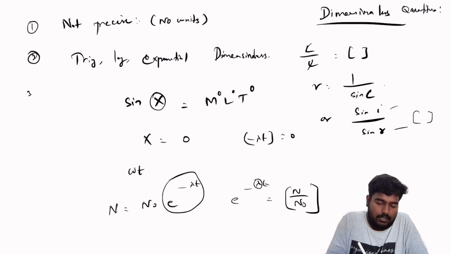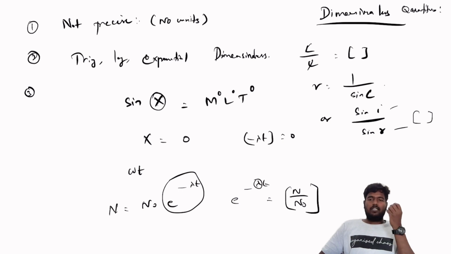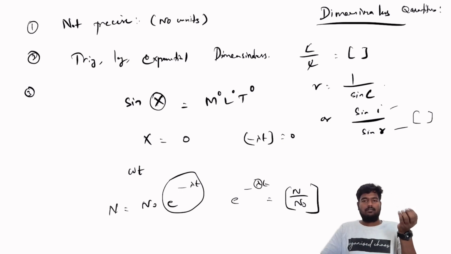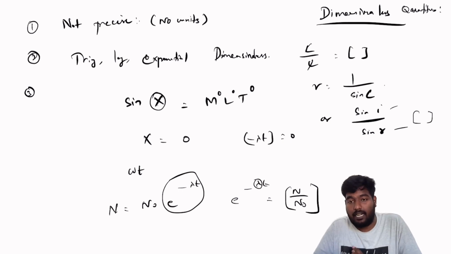And third, and this is very important: if you find an equation that is dimensionally wrong, it means the equation is wrong. But if the equation is dimensionally right, it doesn't mean that the equation is right.